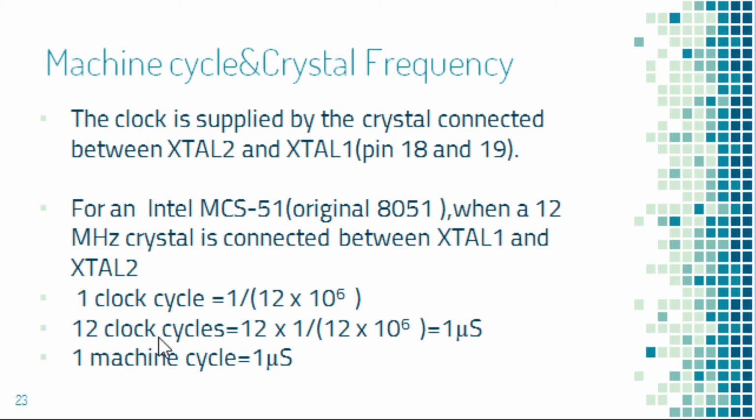So 12 clock cycles means 12 into 1 by 12 into 10 raised to 6, that is 1 microsecond. So one machine cycle, 12 clock cycles, is equal to 1 microsecond when a 12 megahertz crystal is connected.